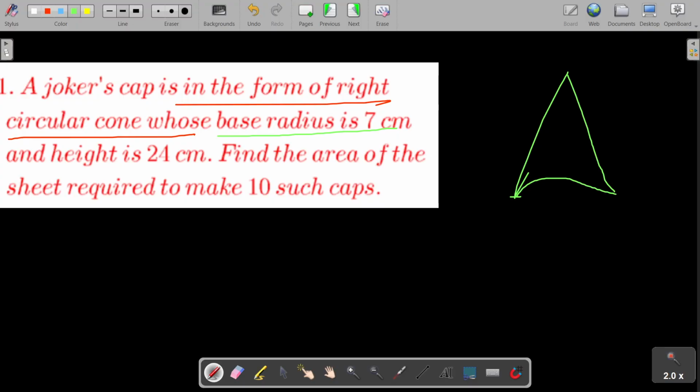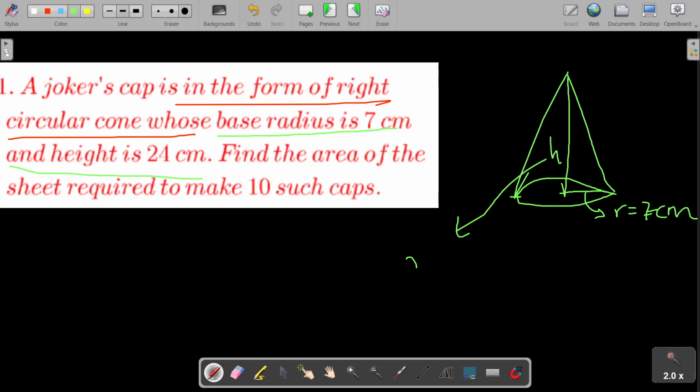This is a cone, and the radius of the cone is given as 7 centimeters. Base radius means the radius of this base. And the height is 24 centimeters. Here we have the height of the cone, and it is given as 24 centimeters. Find the area of the sheet required to make 10 such caps.